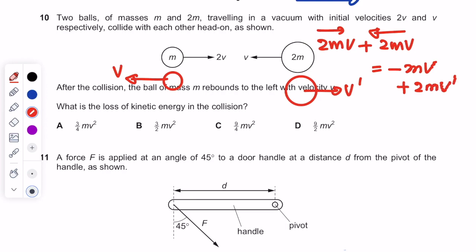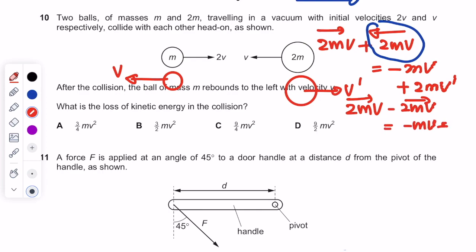If you look at this one carefully, first I have to change the direction of this one. So what I will do, 2mv minus 2mv, because I change the direction of the arrow, equals minus mv plus 2mv dash. V dash is v over 2.